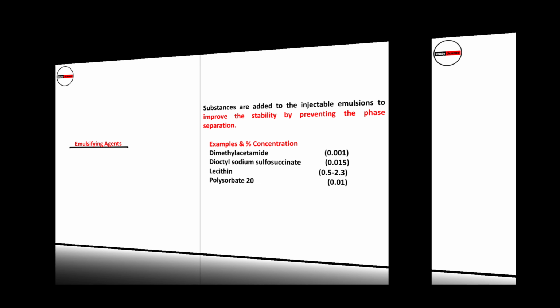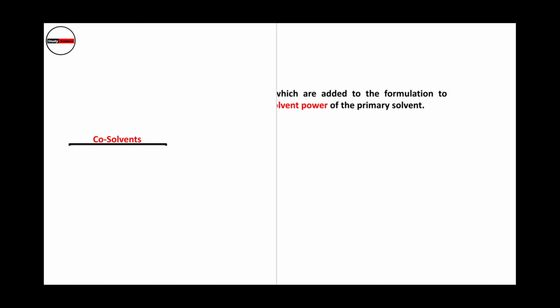The next additive which we use in parenterals is co-solvent. The co-solvents are added to the parenteral preparations for enhancing the solvent power of the primary solvent. Means, if the drug is not freely soluble in the primary solvent, then the co-solvent may be added to improve the solubility or the solvent power of the primary solvent, so that the drug may get freely soluble.